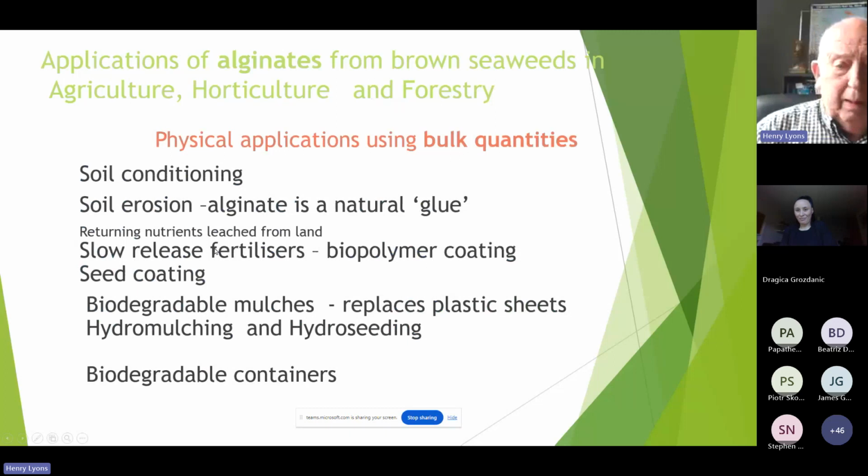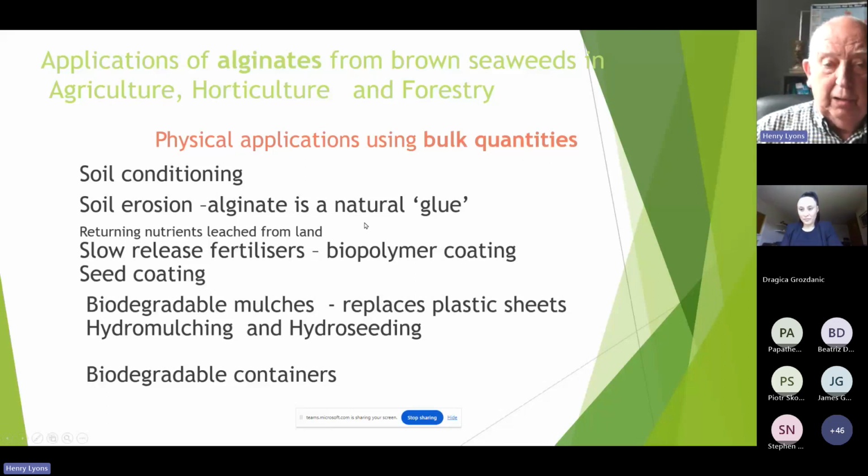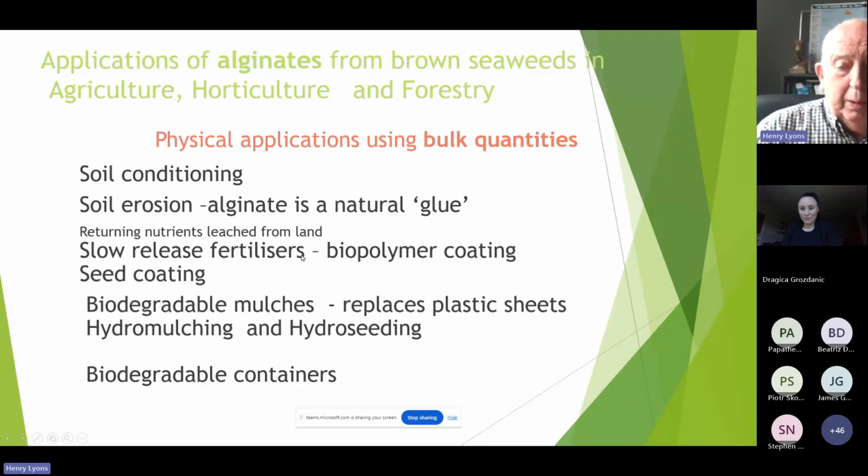I think I'm coming up to my time, but alginates, brown seaweeds contain 25% of the dry matter as alginates, a natural glue, which I predict will have a lot of applications in the future in agriculture and horticulture. These slides I went through pretty quickly. They'll be available to all participants on the website.